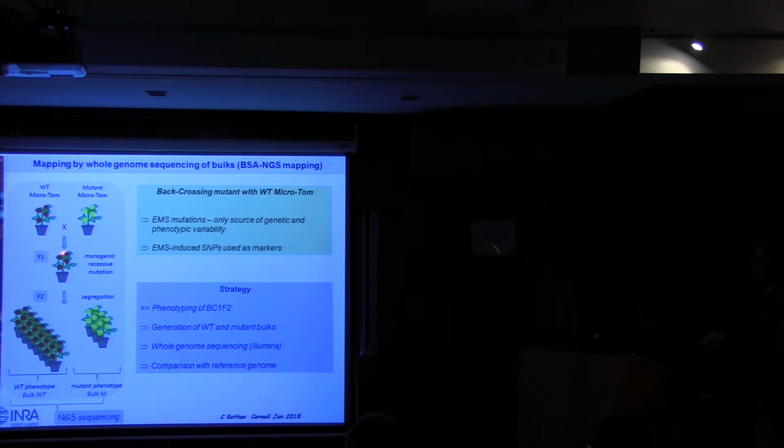In this case, because this is a more simple case, a monogenic recessive mutation, which was the case of the thin pericarp mutant, you can go to BC1, F2, and then you have a segregation between plants showing the wild type phenotype and plants showing a mutant phenotype. You can bulk them, two bulks, wild type-like and mutant-like, and then you can go for whole genome sequencing, which we did using Illumina, with comparison to a reference genome.